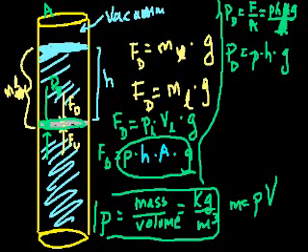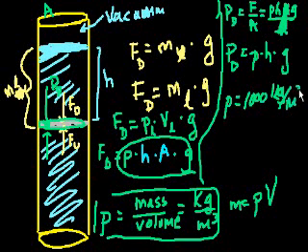If I were on the same planet, and let's say this is water, and so the density of water, and this is something good to memorize, is 1,000 kilograms per meter cubed. 1,000 kilograms per meter cubed.